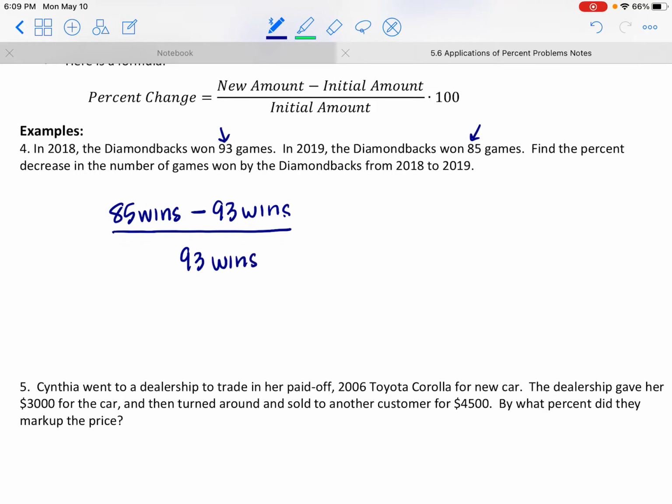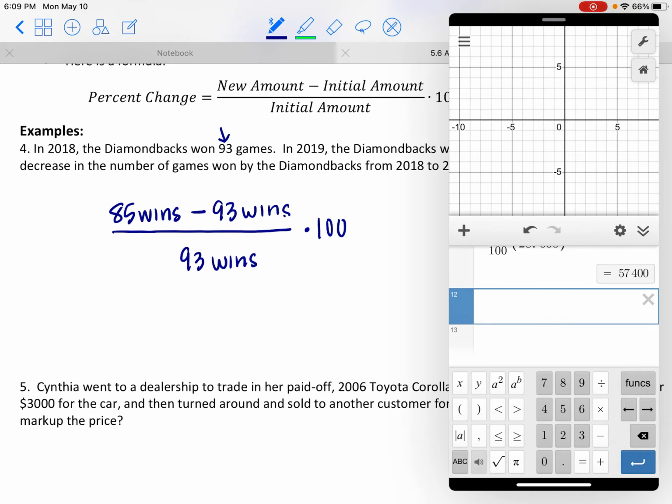Sometimes it's pretty easy to mix up the numbers, to say maybe the 85 went second, the 93 went first, but if we're looking for a percent decrease, because obviously they decreased, it should make sense that we have a larger number taken away from a smaller number to make that negative happen. Then this amount is going to be multiplied by 100, and we get from the calculator our result.